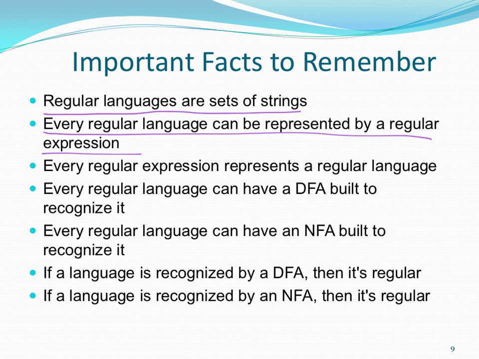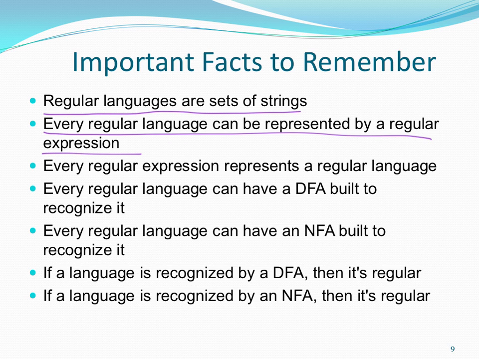I told you earlier, every regular language can have a DFA built to recognize it. I'll tell you now that every regular language can have an NFA built to recognize it. But you actually already know this, because anything that is a DFA is automatically an NFA. All DFAs are NFAs. If I show you something and say this is a DFA, you can instantly tell me it must be an NFA as well. It doesn't work the other way.